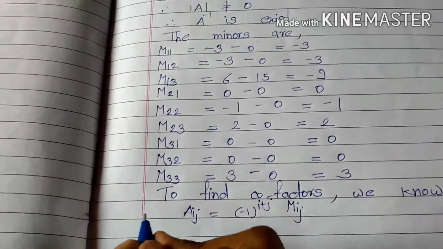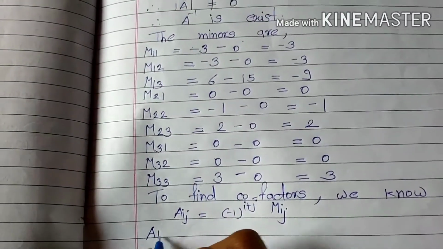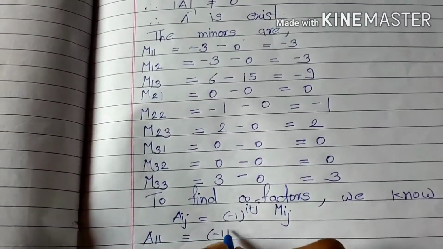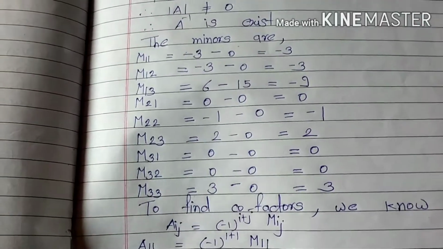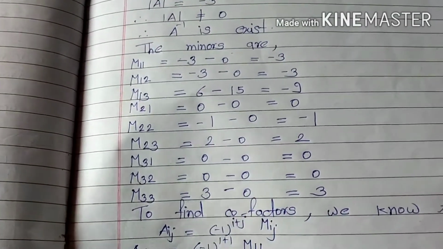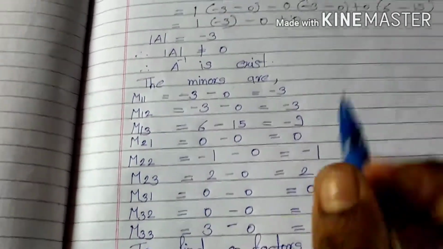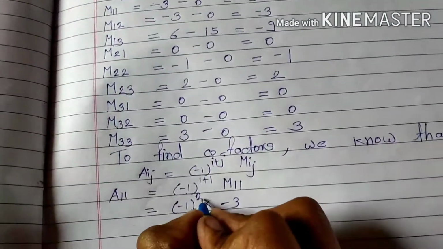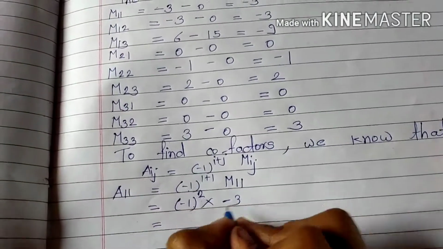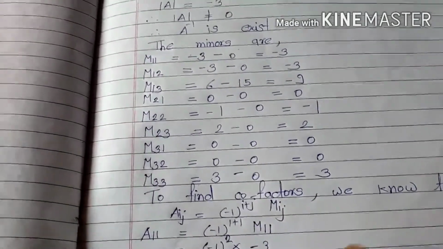So put that value. A11 is equal to minus 1 raised to 1 plus 1 into M11. So minus 1 raised to 2 into M11, which is minus 3. Minus 1 raised to 2 is plus 1 into minus 3, minus 3.